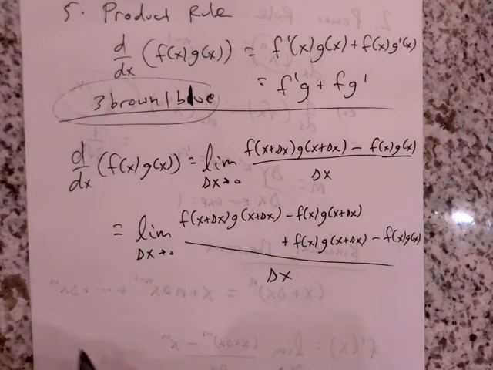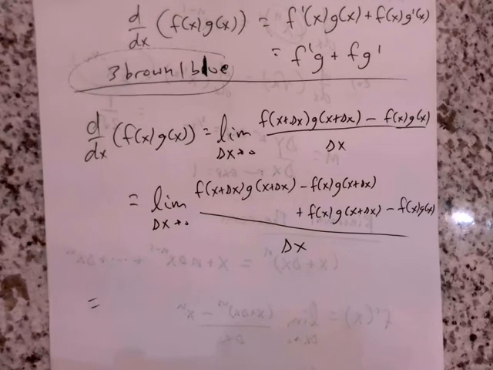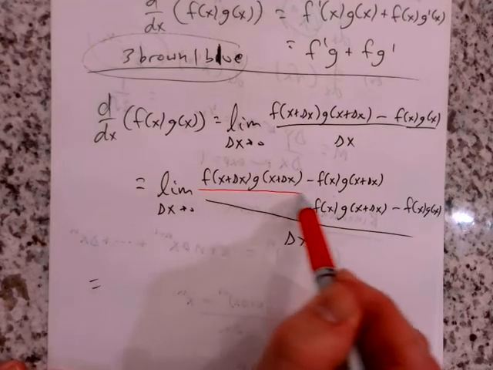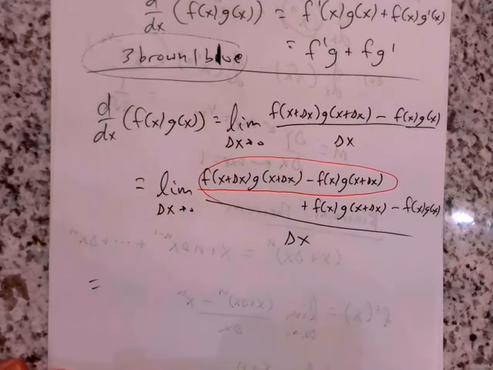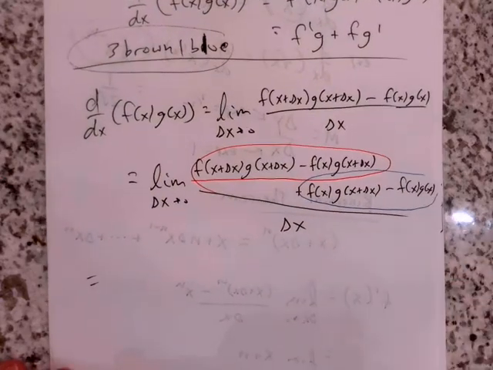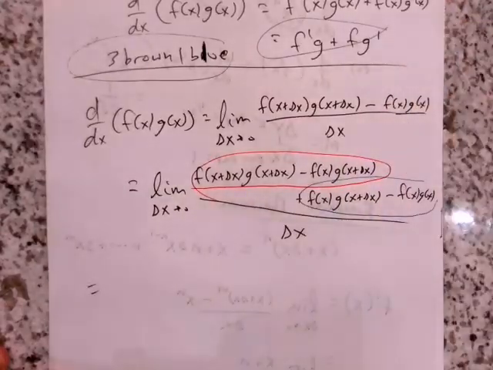Our next step is to rearrange our terms in a clever manner that is beneficial to our proof. We're going to group these two terms together, and we're going to group these two terms together. And our goal is that when we do that, we'll end up with f prime g plus fg prime.